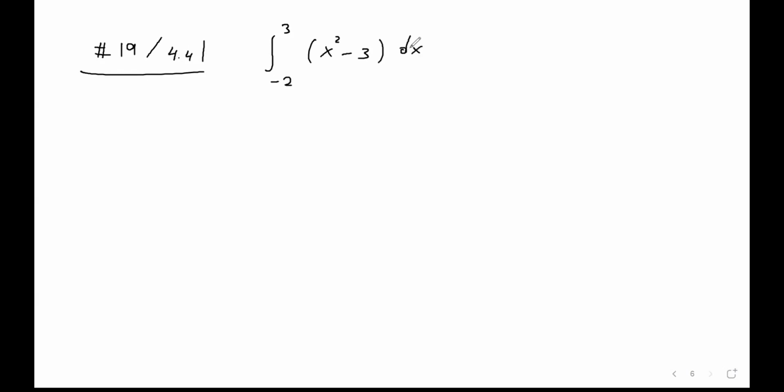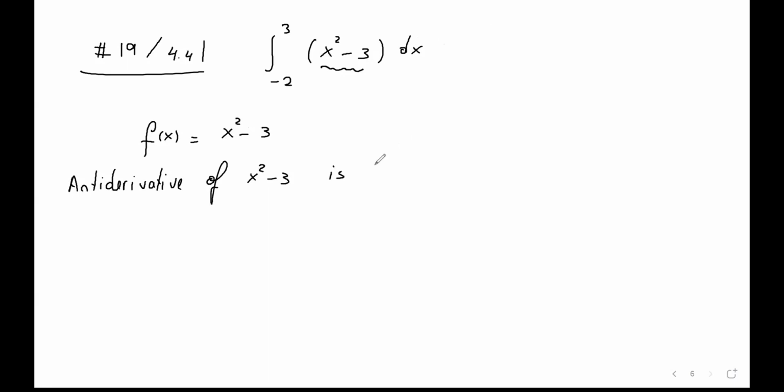All right, and by the fundamental theorem of calculus or the net change theorem, what you have to do is to take a look at this function, x squared minus 3. So before you do any work here, find an antiderivative of x squared minus 3, which is, we can say quickly here, capital F of x equal to 1/3 x cubed minus 3x, one antiderivative, right?